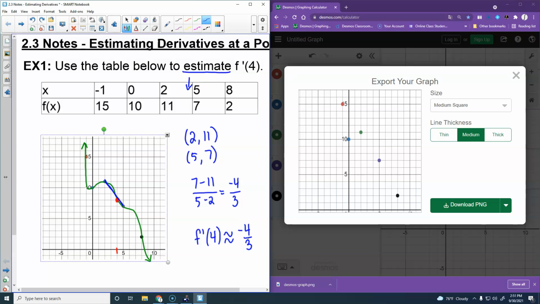And that could be completely wrong. If we actually knew what this was, it might be completely wrong. In fact, it looks like a piecewise function or something with just a dot somewhere, but this is our estimate, and it's the best estimate we can make given the information we've got.